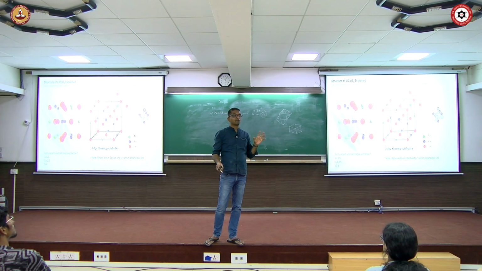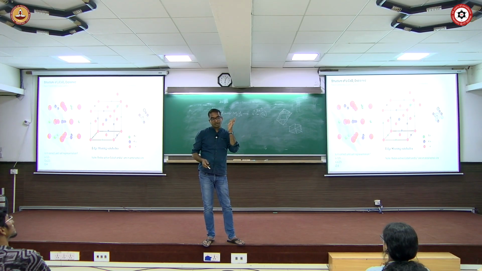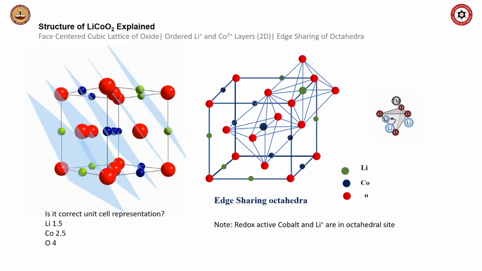But lithium and cobalt are very distinct in ionic radii. Therefore, they don't mix. One particular octahedral void will be taken by lithium, another particular octahedral void will be taken by cobalt. So it will go one after the other like a layer. You see here, 1, 2, 3.